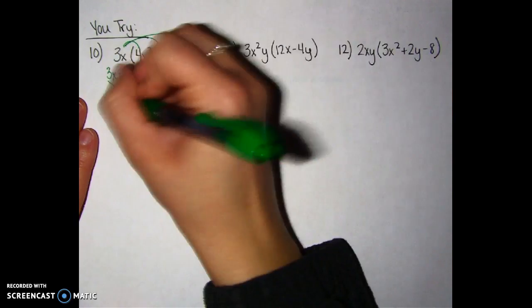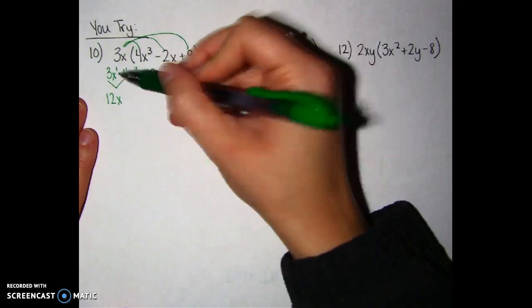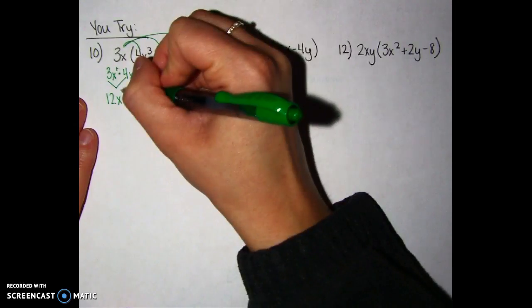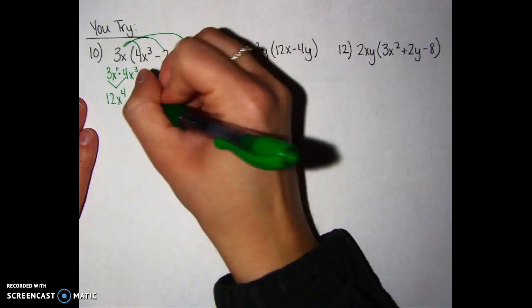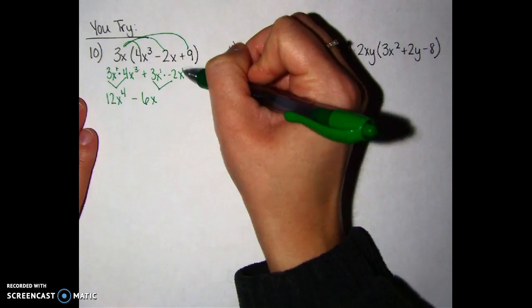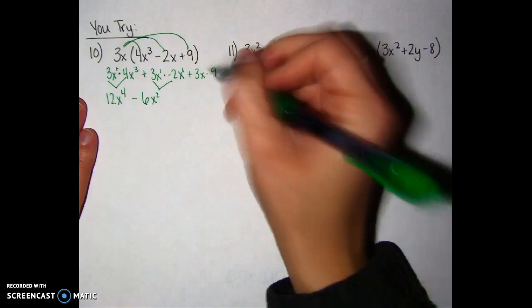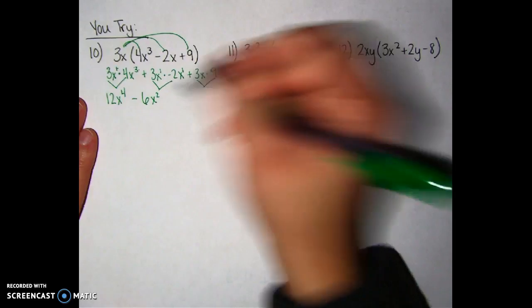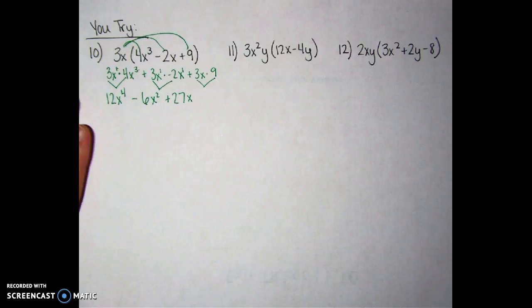Multiply 3 times 4 to get 12x, and then this has a 1 with it. 1 plus 3 is 4. 3 times negative 2, that's negative 6x, and that's a 1, that's a 1. 1 plus 1 is 2. And over here, 3 times 9 is a positive 27, and bring down the x. And that is it.